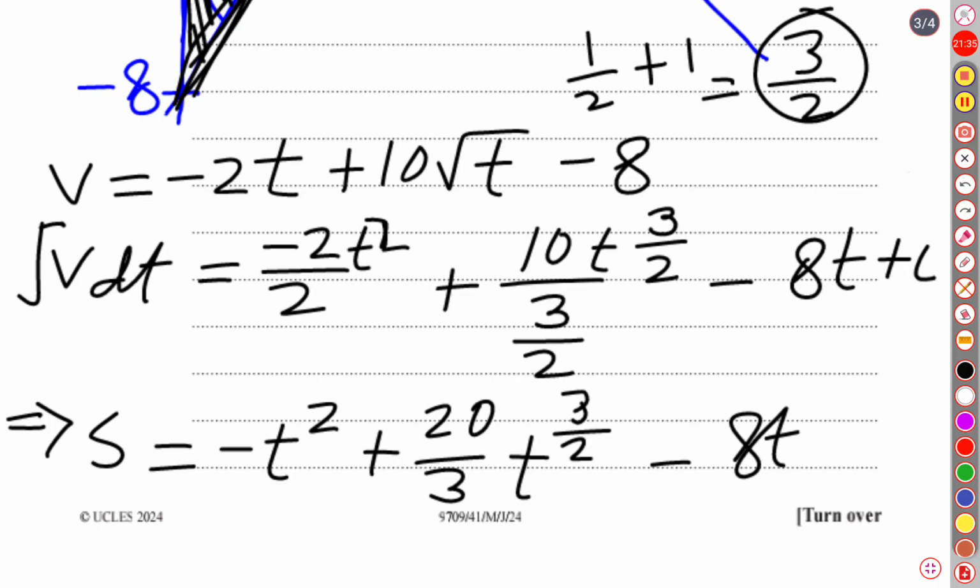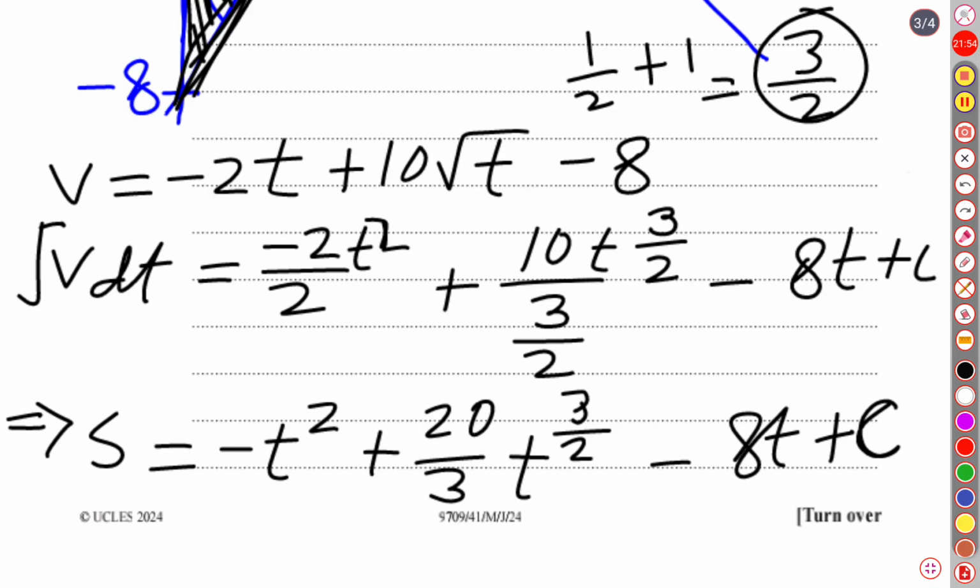Here there is no constant, we can avoid it, because when t is 0, our distance is also 0, it starts from the origin. Whenever we convert it into a definite integral, we can avoid that one.